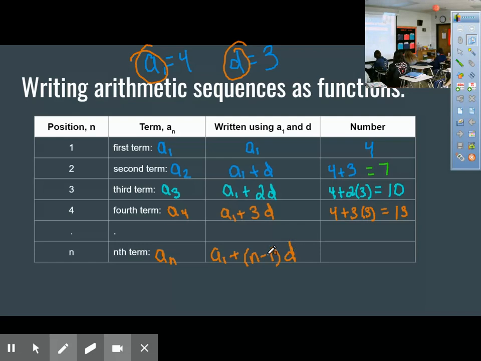So n minus 1 means you multiply it by the number before. So if you're looking at the 1000th term, you're going to add the difference 999 times. And in this particular problem, the formula would be, you just plug in for A1, which is 4, plus, and then n minus 1, and then times 3.